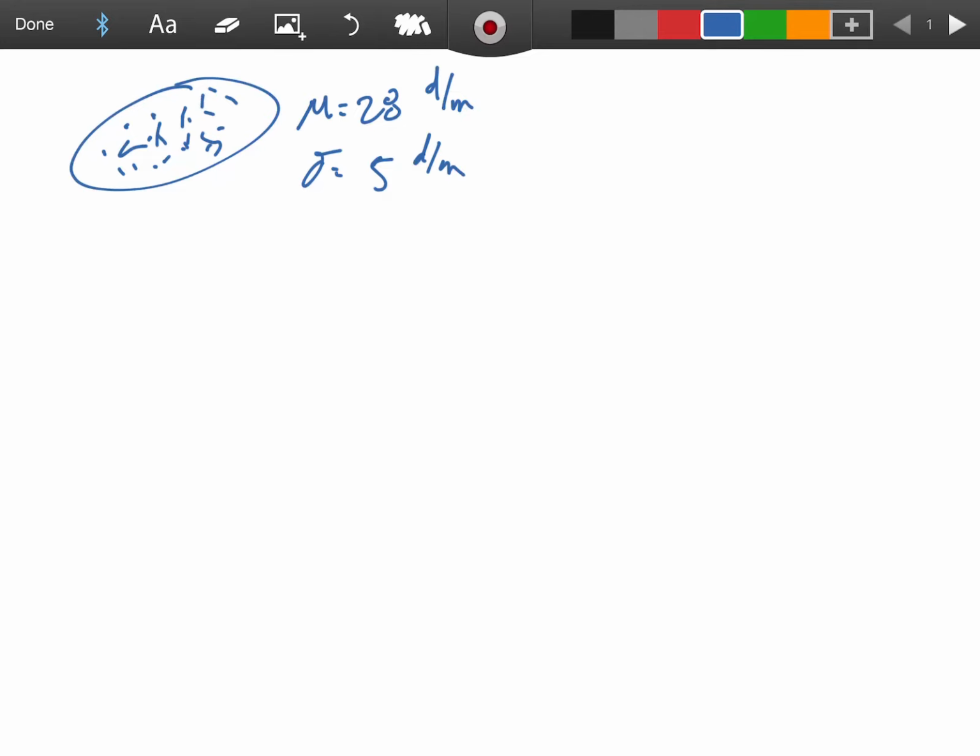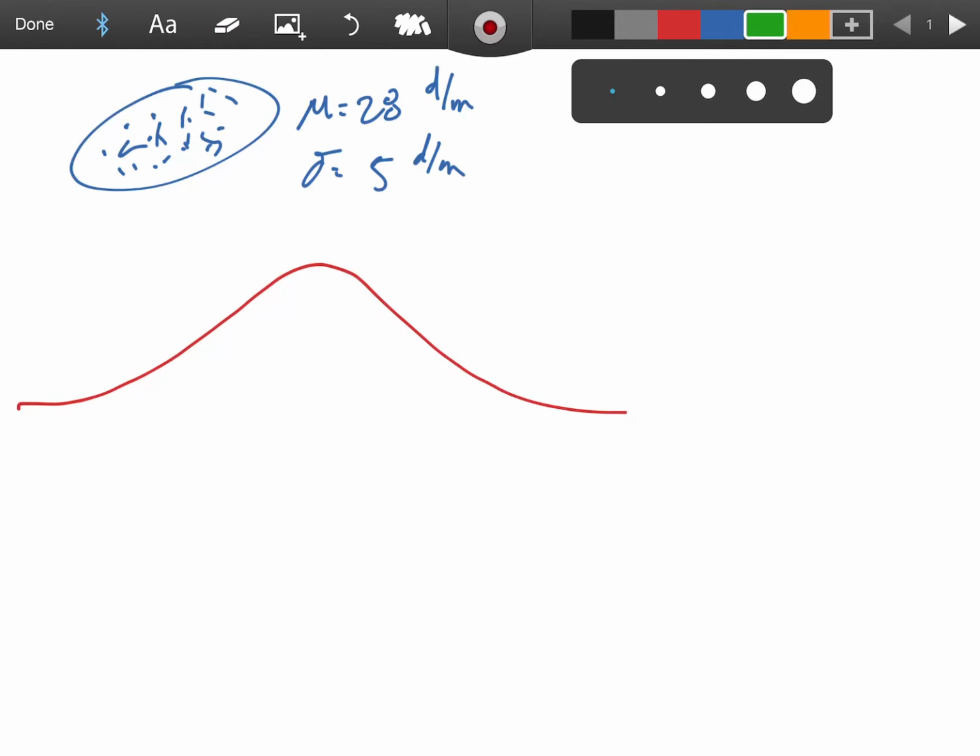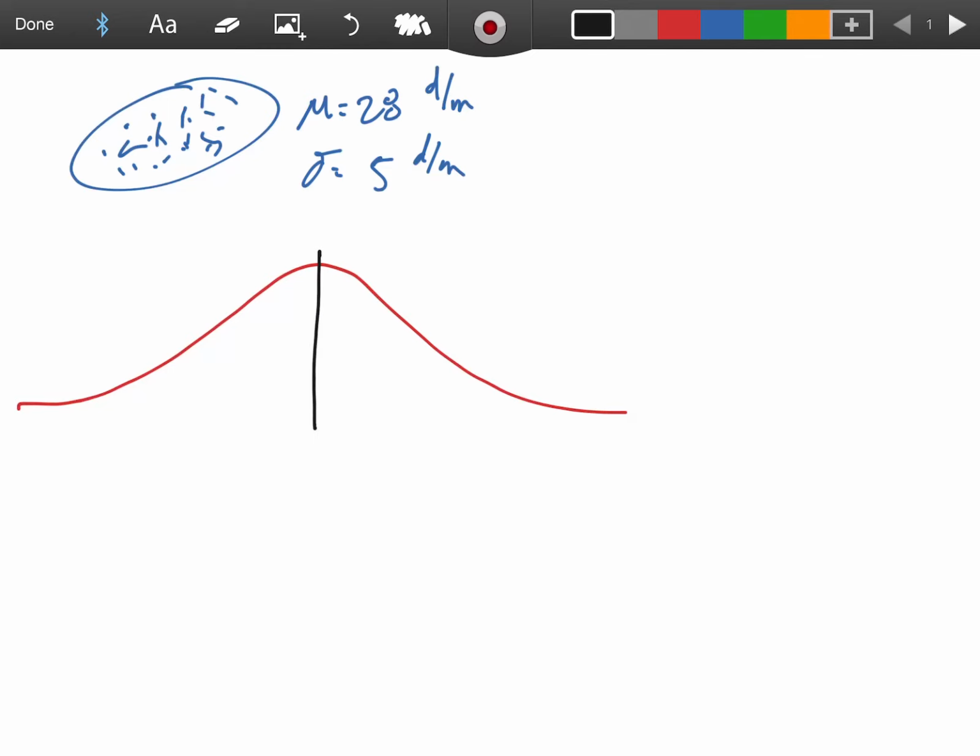And then let's also say that we collected all this data and we plotted it and we say, okay, well, the distribution looks something like this. And so let's say that the distribution ended up being normal. Okay. So we have our mean here. So this is going to be 28 donuts per month here.